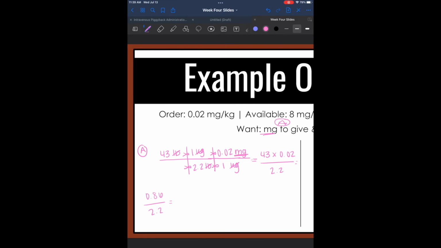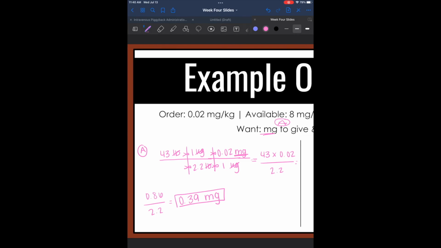So remember, it's less than 1 milliliter or 1 milligram of a medication that we're giving. So we're going to round to the nearest hundredths. So we have 0.39 milligrams as our answer.